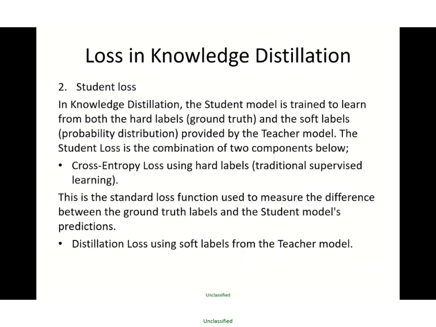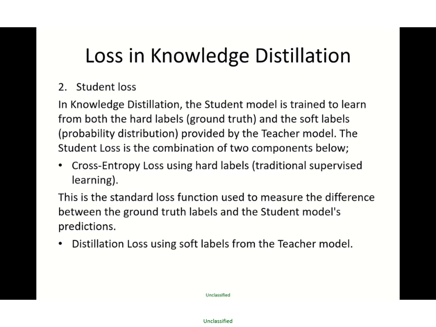The second loss in knowledge distillation is the student loss. In knowledge distillation, the student is trained to learn from both the hard labels, which are the ground truth, and the soft labels, which are probability distribution classes provided by the teacher model as output.